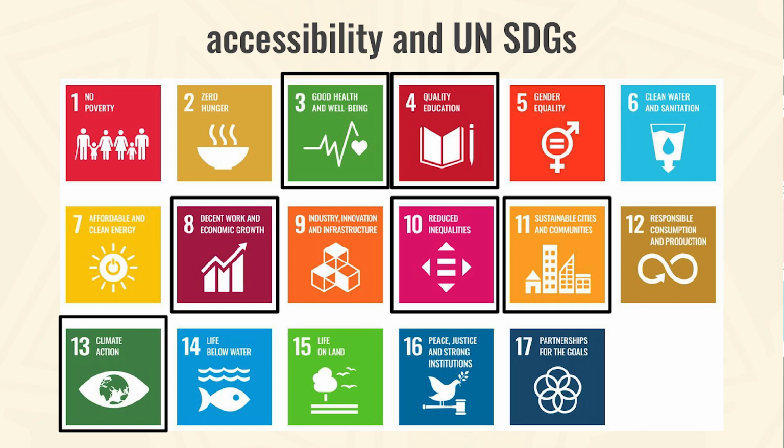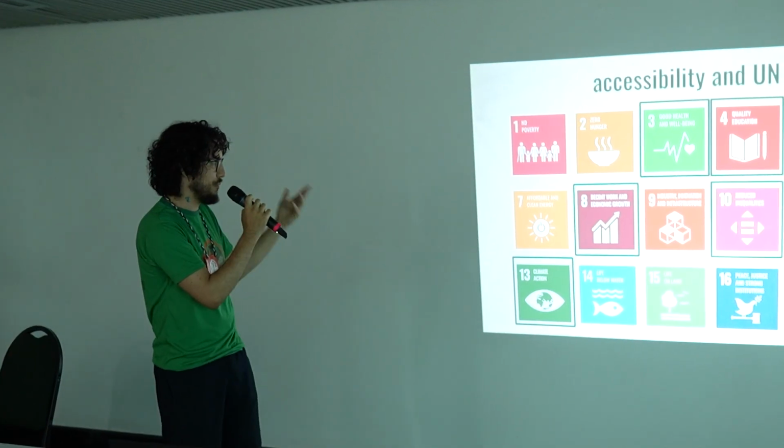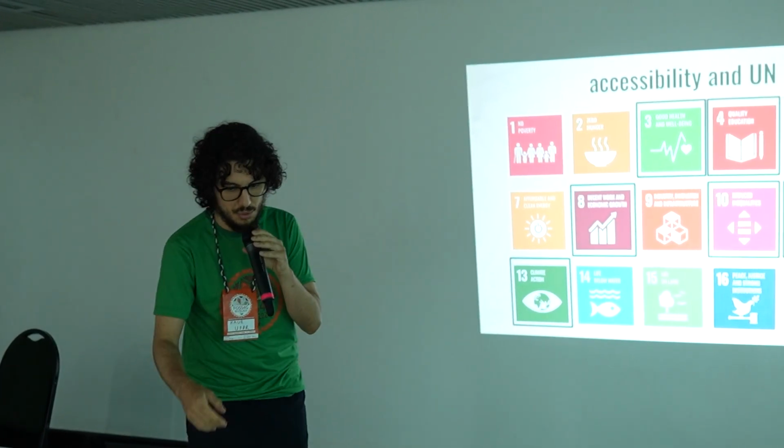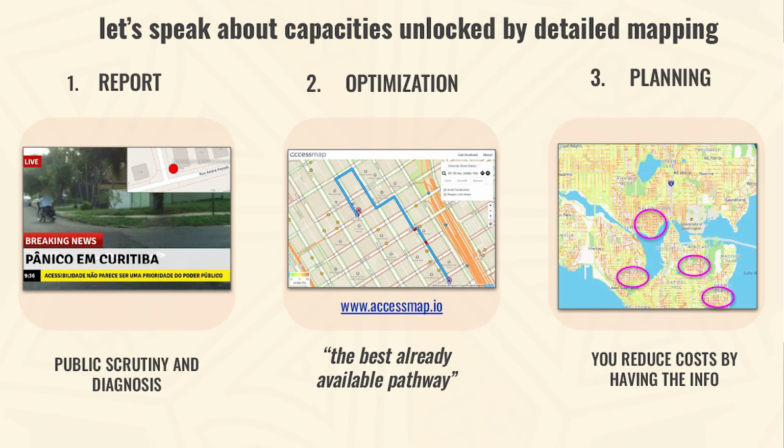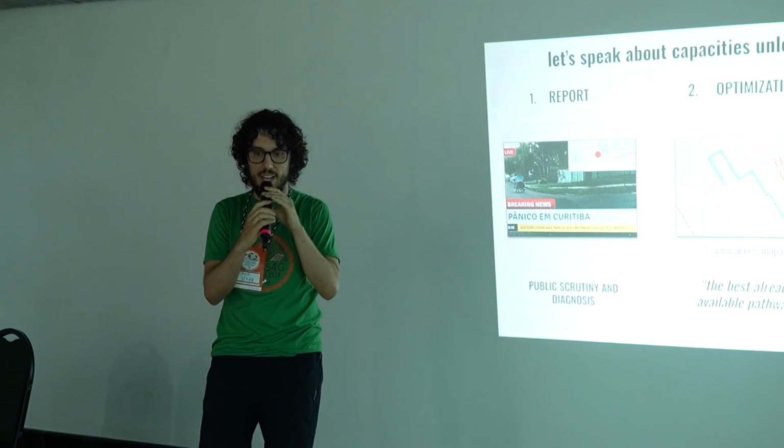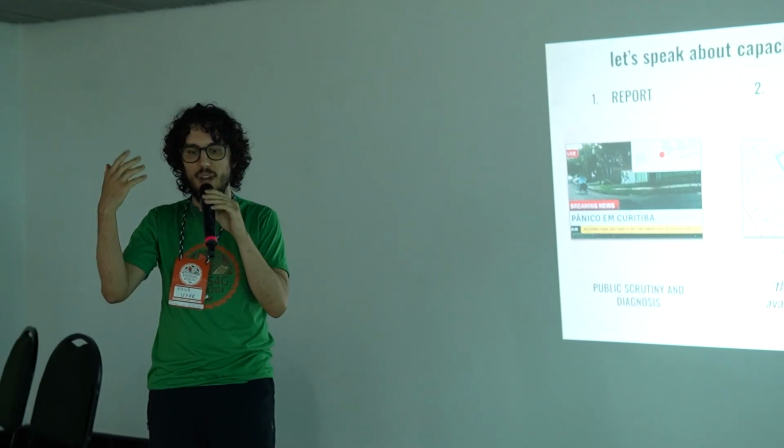It means inclusion, so it impacts goals number 4, 8, 10, 11, and in the end 17, and maybe more than just those I cited. Then let's speak about the capacities that are unlocked by detailed mapping. We can report, we can have public scrutiny, we can optimize, and we can plan ahead in an optimized way.